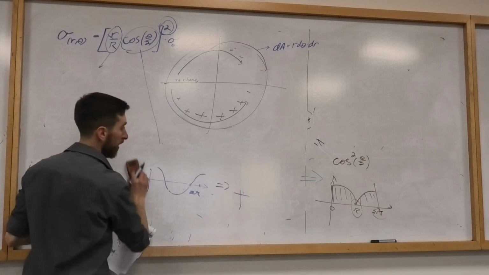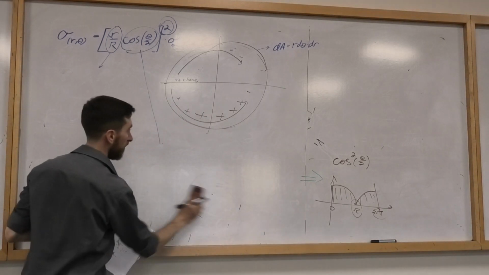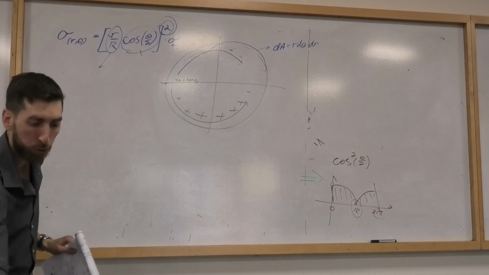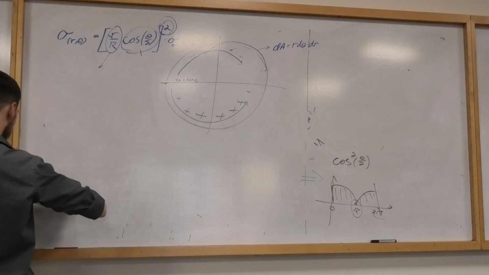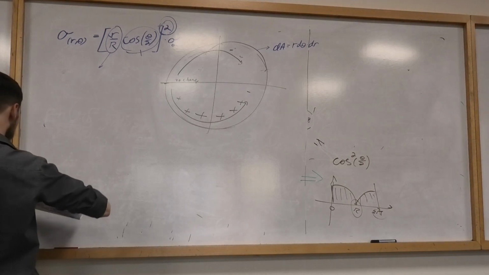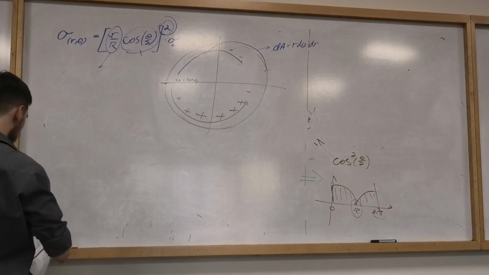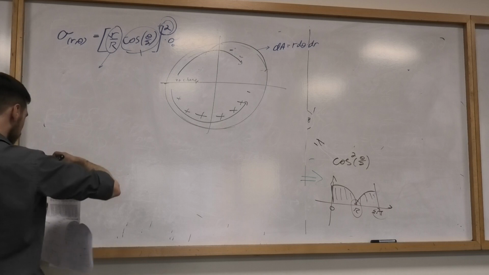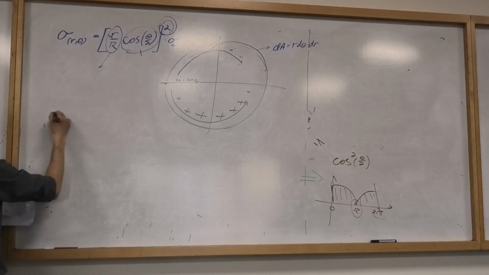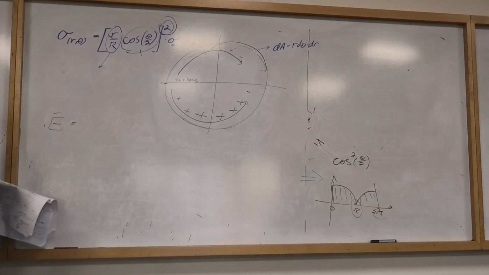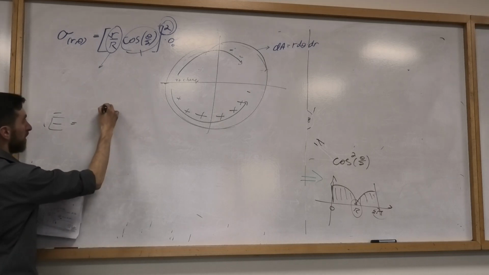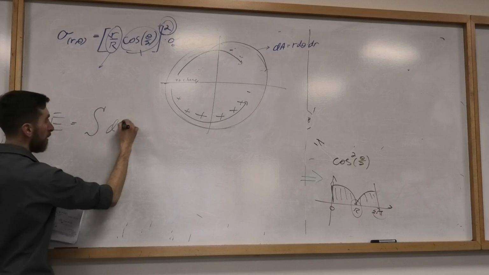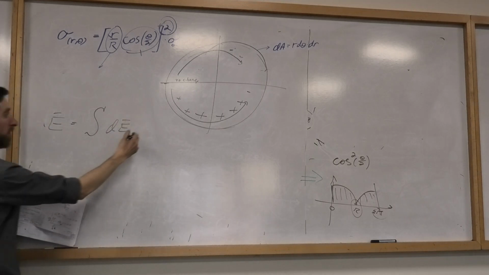I delete this, I leave only this. So in general, if you want to find the electric field, what are we going to do? We're going to say that the electric field is actually a vector, right? E, and it has two contributions. The whole is equal to the sum of its parts, agreed.